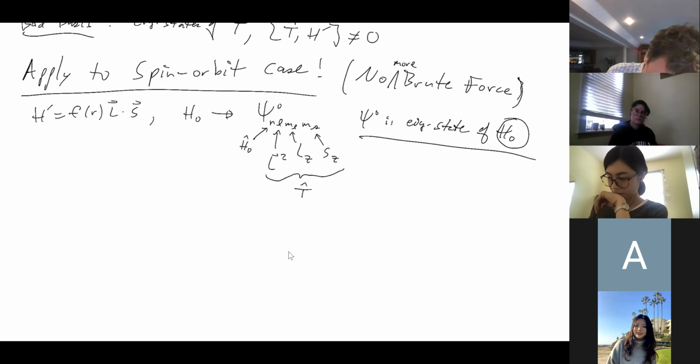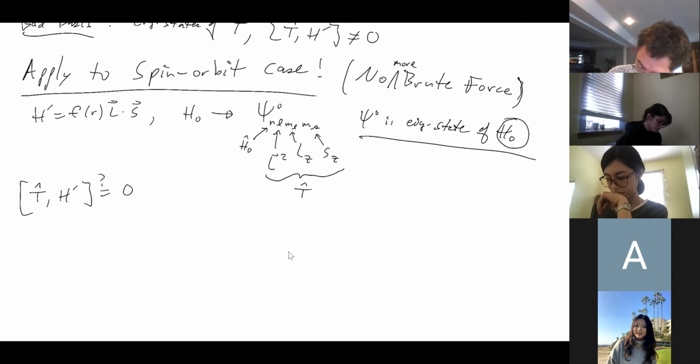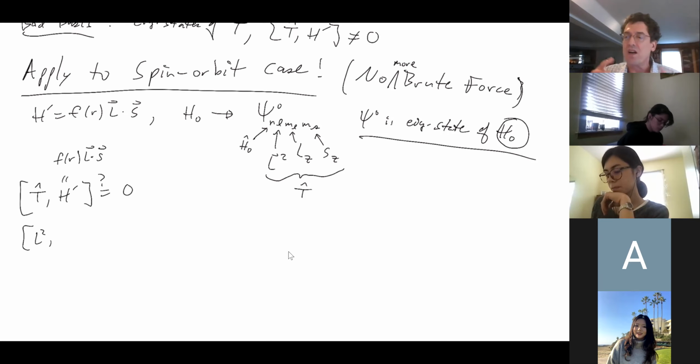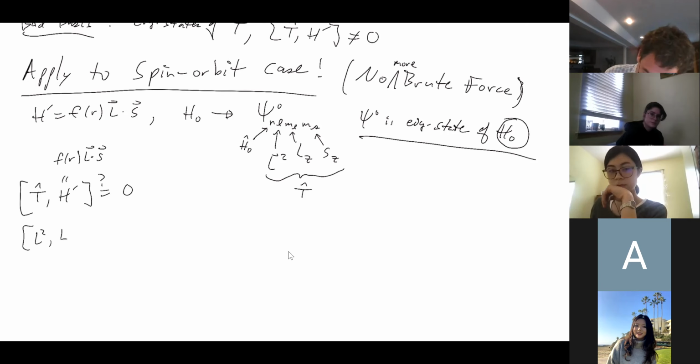So what we have to ask ourselves, remember, the whole question is whether T and H prime equal 0. So let's first do L squared and H prime. H prime is f of r L dot S, and we can forget about the f of r because that's just a radial function. We can pull it out. So the real question is whether L squared and L dot S equals 0.